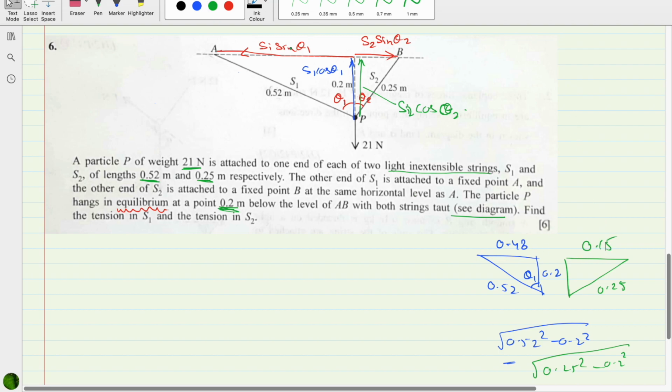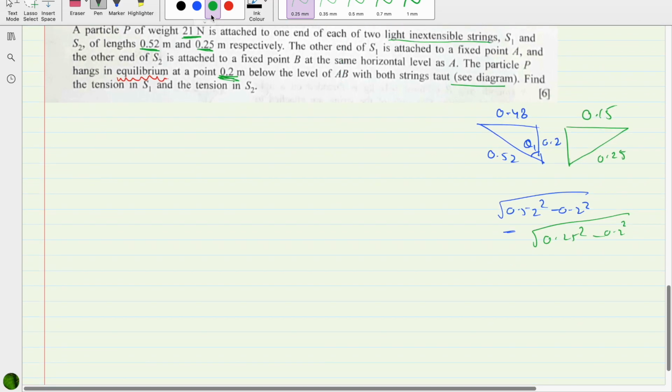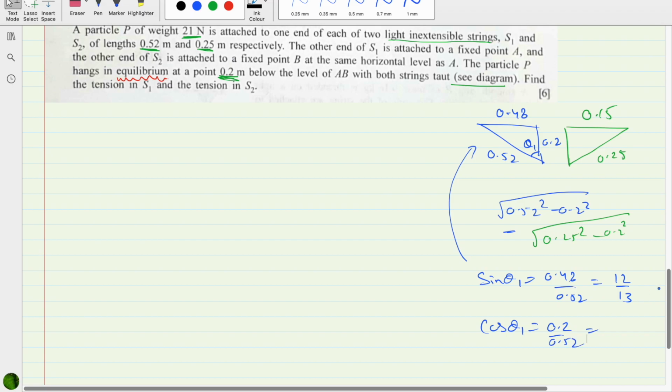Now we can see a lot of cos theta 1, sin theta 1 and theta 2 terms, so let me extract them. Looking at the first triangle, sine of theta 1 is perpendicular over hypotenuse, that is 0.48 over 0.52, which gives me 12 by 13. Similarly, cos of theta 1 is base over hypotenuse, that is 0.2 by 0.52, and I'm getting 5 by 13.